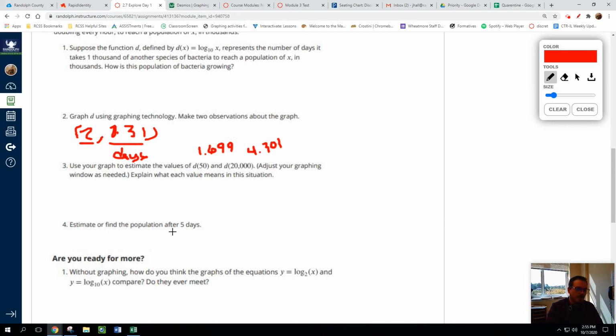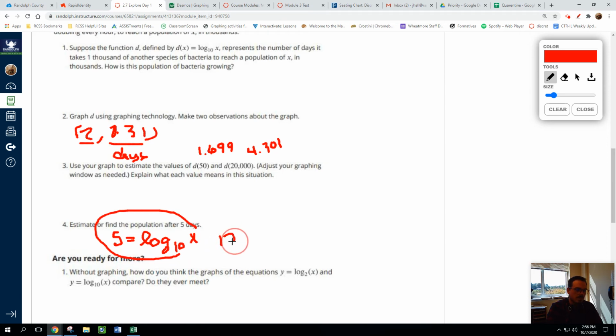Estimate or find the population after 5 days. So you can do either. You can estimate or you can find it. The way that we would find this is we would plug it back into the function. 5 equals log base 10 of x. So this goes back to the exponent form.